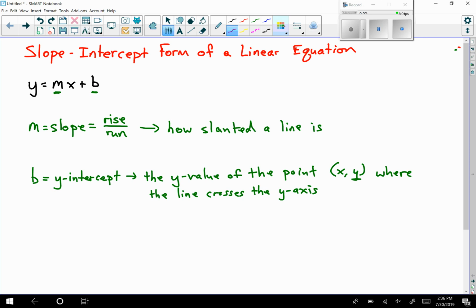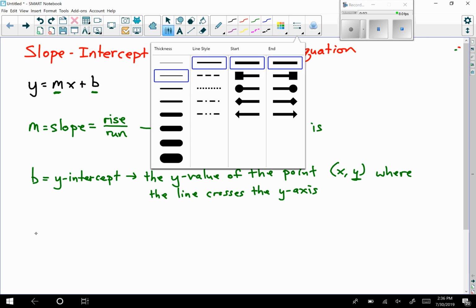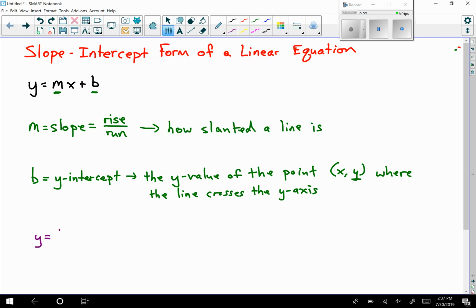And I just want to write out a little example here, or a few. This is an example of an equation that's in slope-intercept form. Here, our slope is the fraction. It's always going to be the number in front of x. Most of the time it is a fraction. We can turn any number into a fraction, even if it isn't.